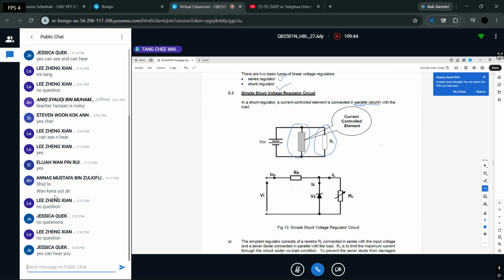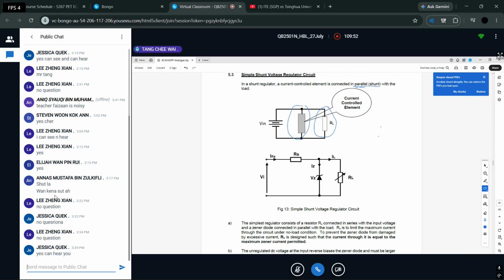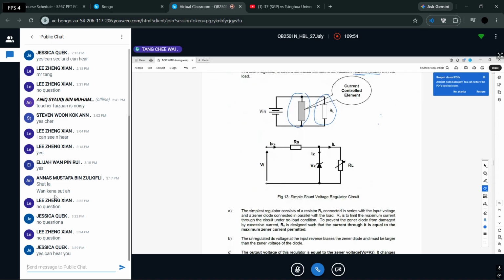That is just an overview block diagram, but the circuit looks like this. Now suddenly you see something. This control element is actually referring to this very powerful component. I'm not sure anyone can tell me what this is.